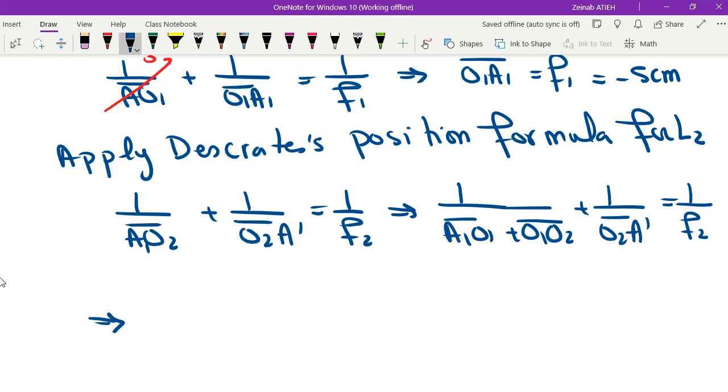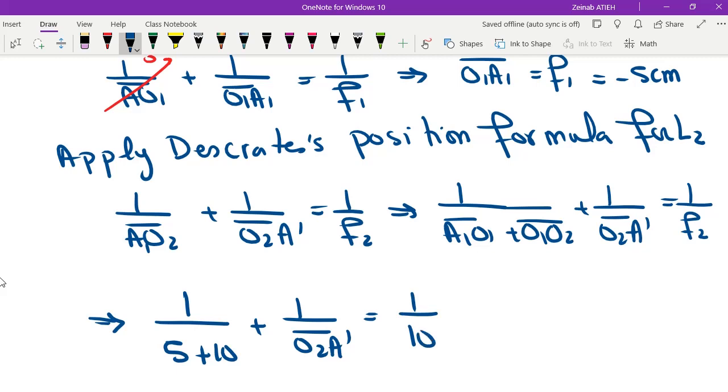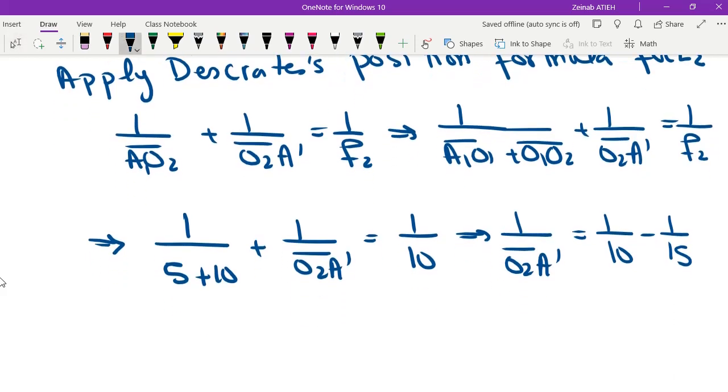O1A1 is minus 5, so A1O1 is 5: 1 over 5 plus O1O2, which is 10, plus 1 over O2A prime, where A prime is F prime, equals 1 over 10. So 1 over O2A prime equals 1 over 10 minus 1 over 15, which is equal to 1 over 30, which implies O2A prime is equal to 30.